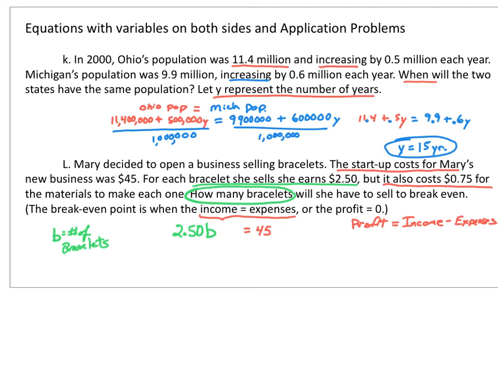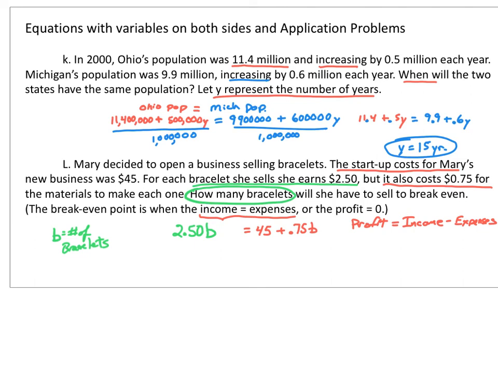Okay, but it also costs 75 cents for each bracelet, right? So that's adding to the expenses. So I'm going to put over here plus 0.75B. Okay, it adds to the expenses, that's why it's plus. Now you could do this a different way. You could take the 75 cents off the $2.50 already and just say she's going to make $1.75 for each bracelet.